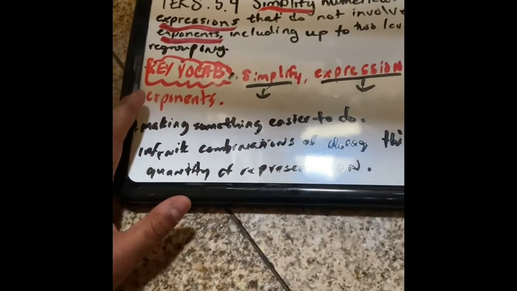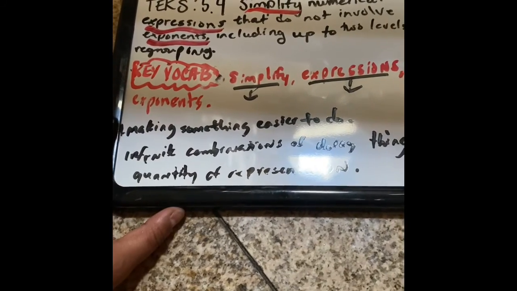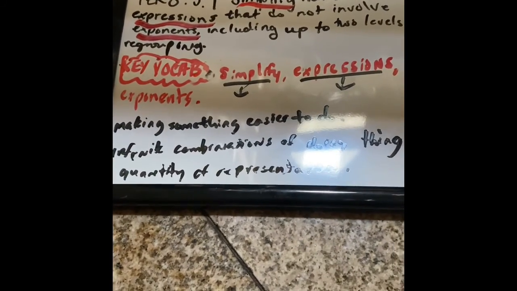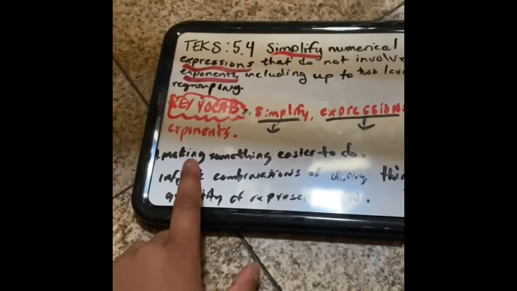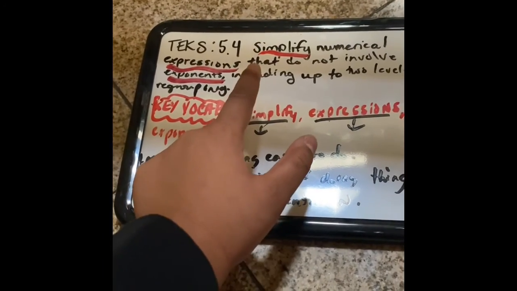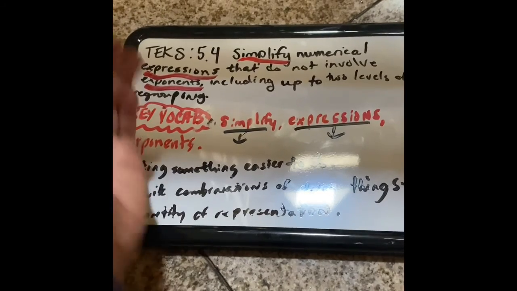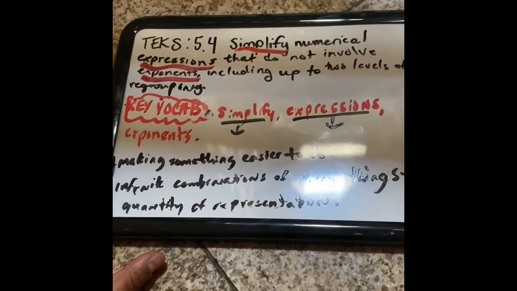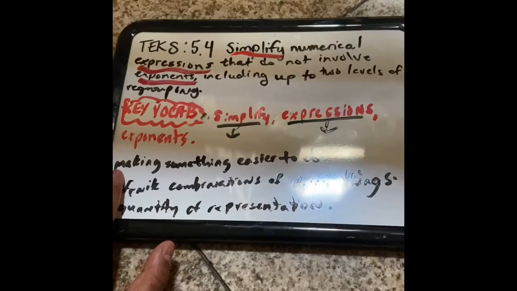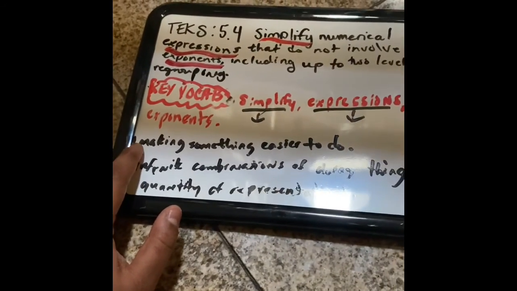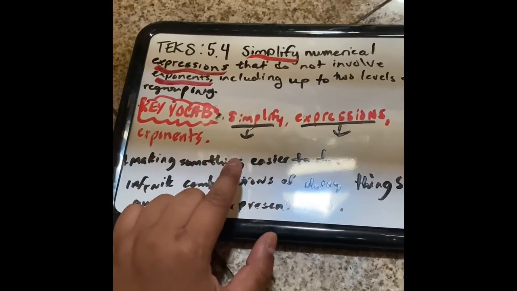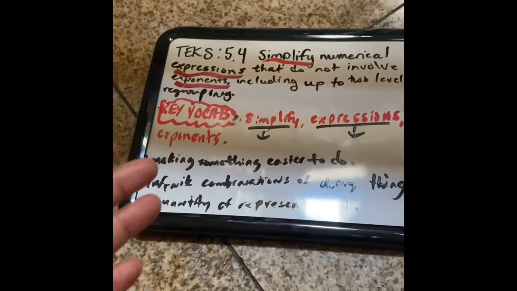First things first, key vocabulary is very important when understanding new material in class. So let's take that first word, simplify. Its root word would be simple. If something is simple, we can say that simplifying is making something easier to do, right?